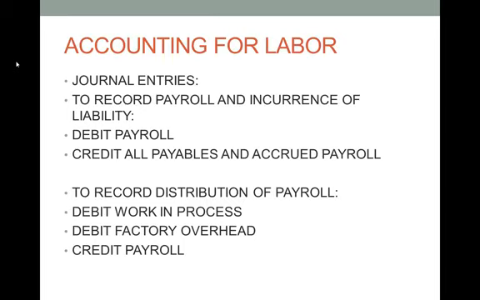Kaya po tayo may debit na factory overhead kasi meron po tayong tinatawag na indirect labor, and then credit payroll. So yun po ang pag-record or pag-journalize ng distribution ng payroll.